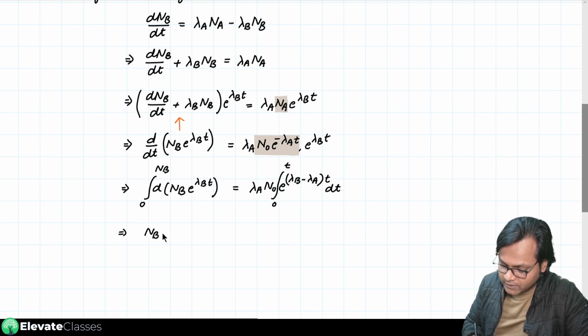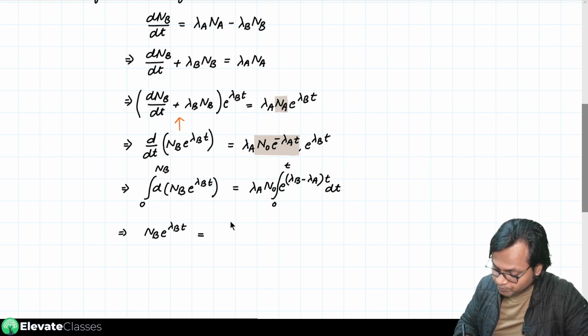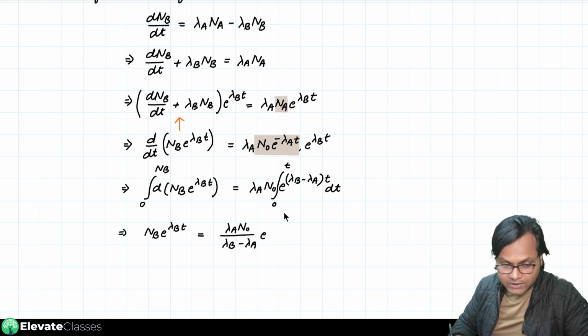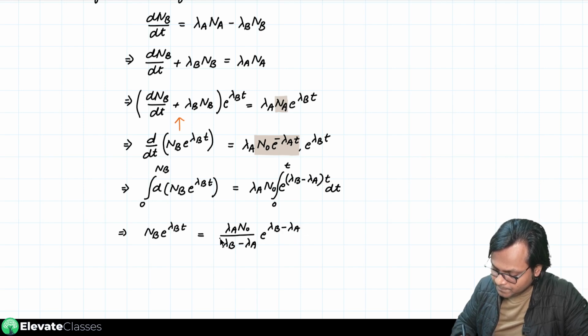This is simply NB e to the power lambda B t, which is equal to lambda A N naught upon (lambda B minus lambda A) times e to the power (lambda B minus lambda A) t, with the limits of 0 and t.